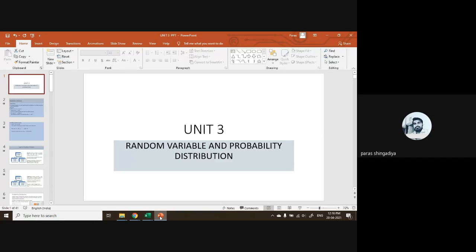First, we'll define the random variable, and then we'll identify the probability for various random variable outputs. We'll combine probability with any experiment: how we can find its random variable and how we can identify probability, meaning the possible outcomes. That topic we'll discuss in today's lecture. We'll start unit number 3.